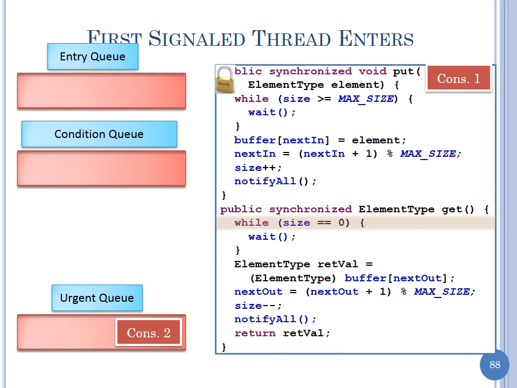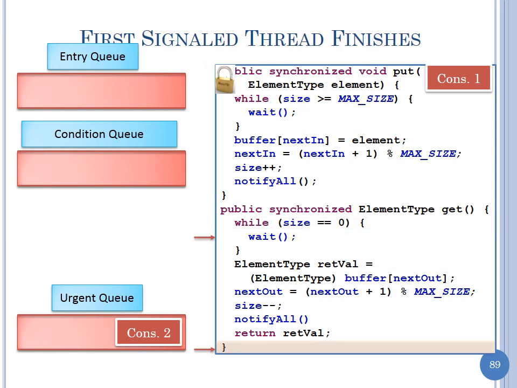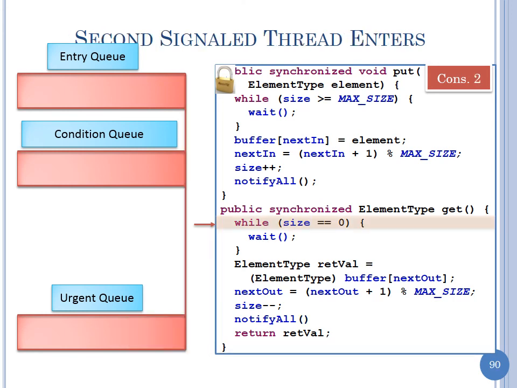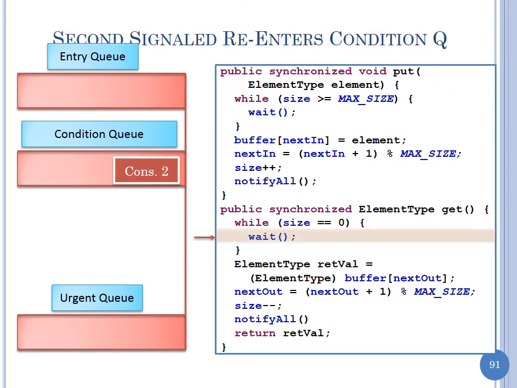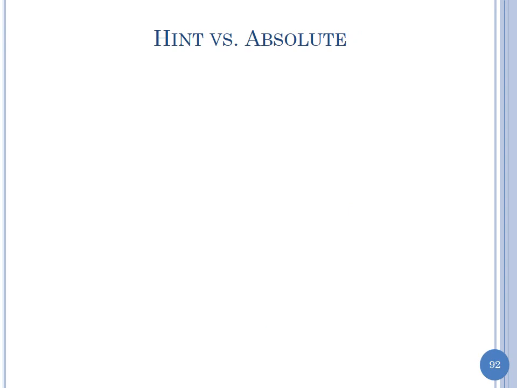Only one of them will proceed. So first signal thread finishes, and then the second signal thread comes in, and the second signal thread will go back and do a wait. Actually, it should do a wait in the condition queue rather than in the urgent queue. So it'll go into the condition queue, in fact, and finally come back to the urgent queue. Okay.